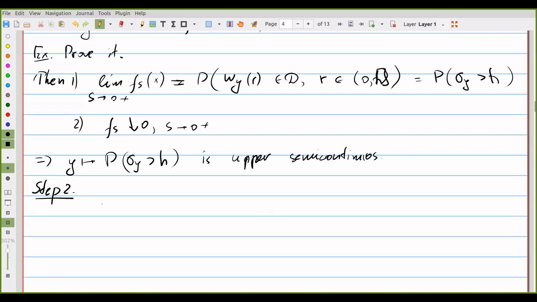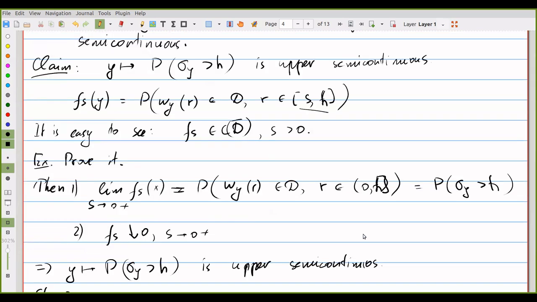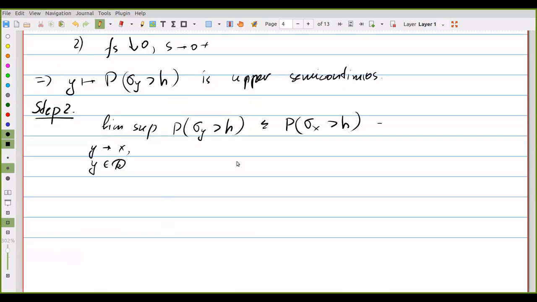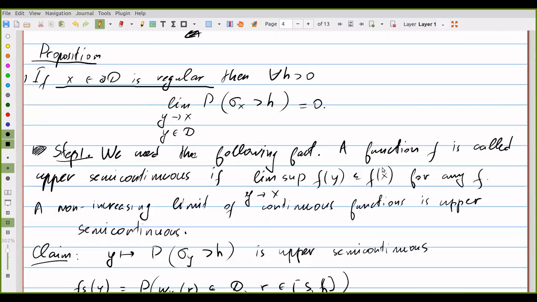Then we have the following: the limit superior when this happens is less than, because it's upper semi-continuous, but this is a regular point, so sigma x equals 0 immediately. So this is 0. And this is exactly the statement.